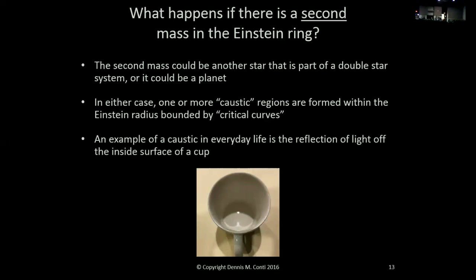Question: when you're doing the data collection, how do you subtract out the light from the source star in the background? Or the light from the lensing star in the middle? Well, the lensing star in the middle is so faint that you typically can't even see it once the source star passes in back of it.